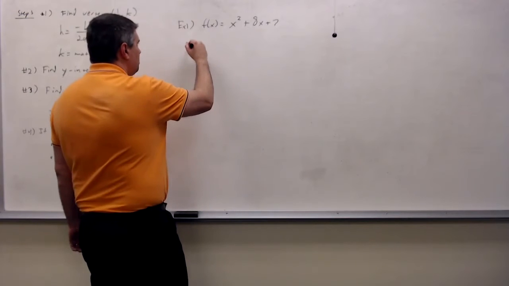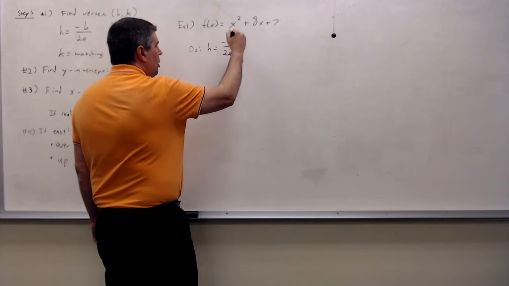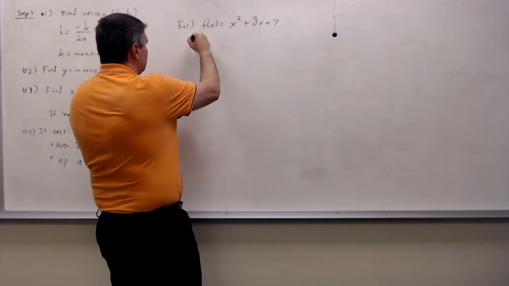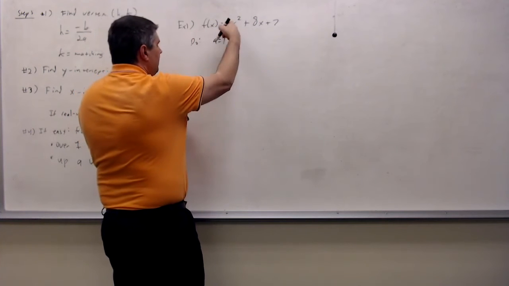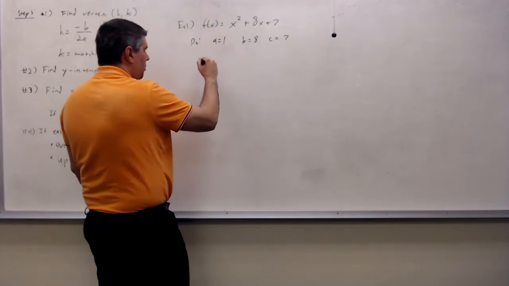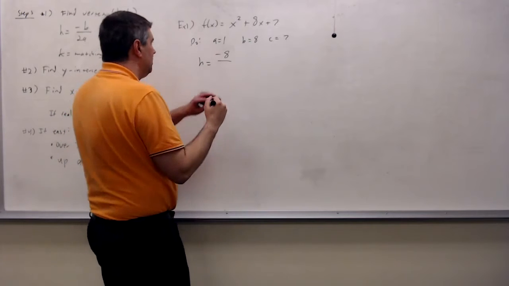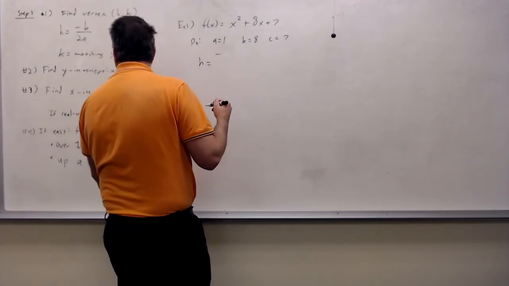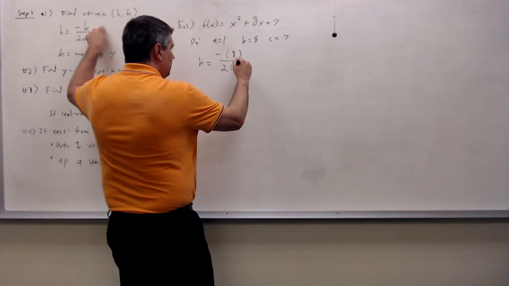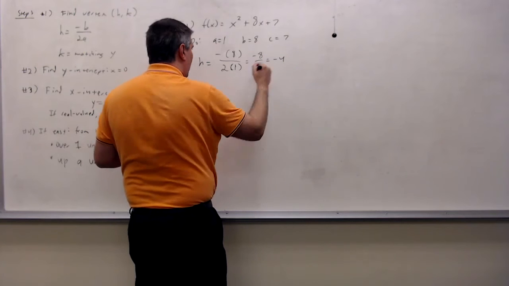So here we go. Do h equals negative b over 2a, where a is 1, 1x squared, b is 8, c is 7. So h equals negative 8 over 2 times 1, equals negative 8 over 2, which is negative 4.